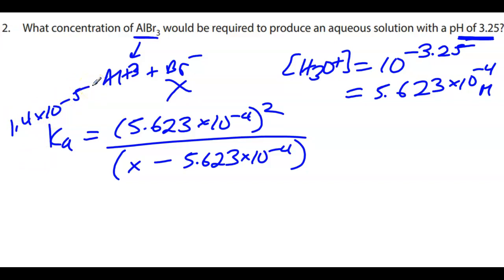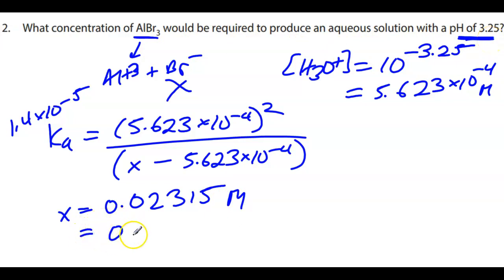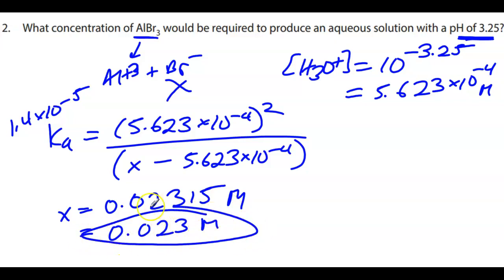Once we isolate out for that, our initial concentration is 0.02315, etc., moles per liter, but it's 2 sig figs because it's 2 decimal points. So 0.023 moles per liter is our initial concentration.